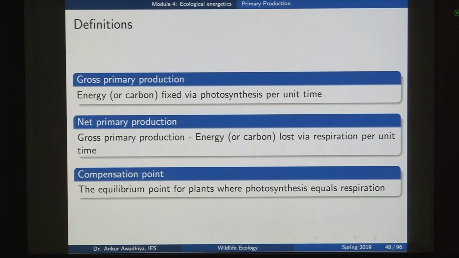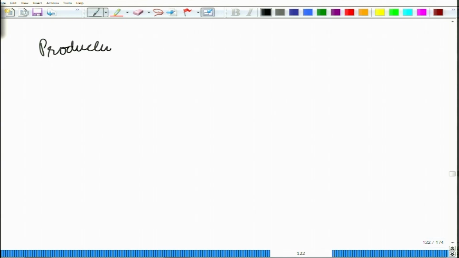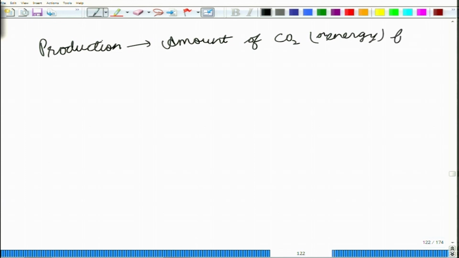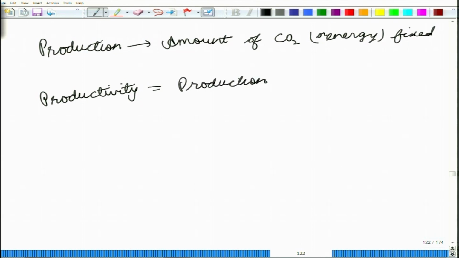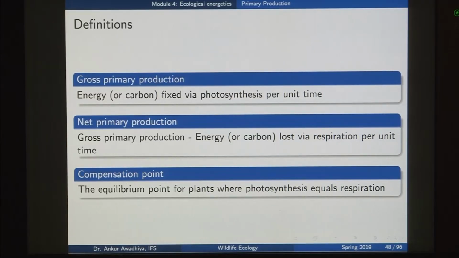So, when we say production, that is the amount of CO2 or energy fixed, and when we say productivity, that means production per unit time. But there are some books that use these terms interchangeably. So, when we talk about gross primary production, we can also say that we are referring to the energy that is being fixed per unit time.